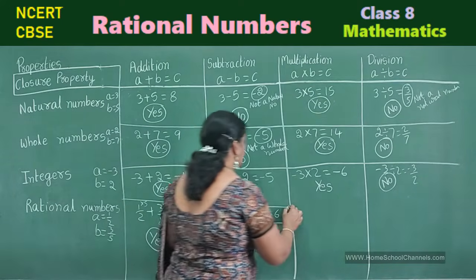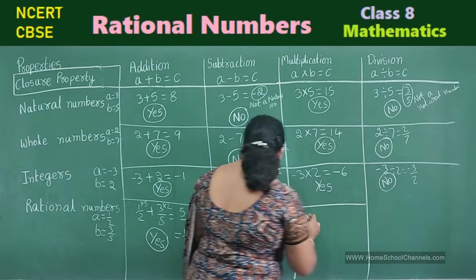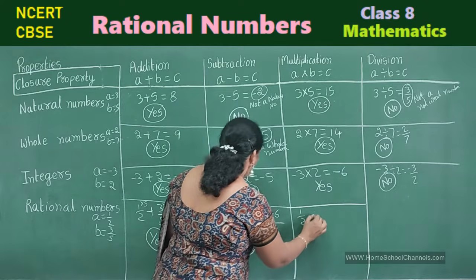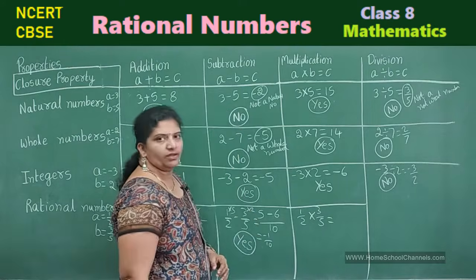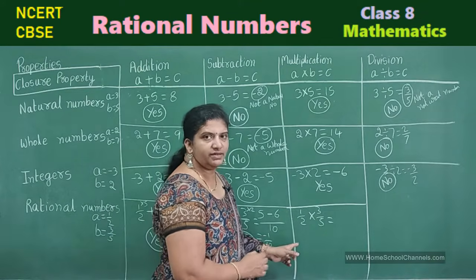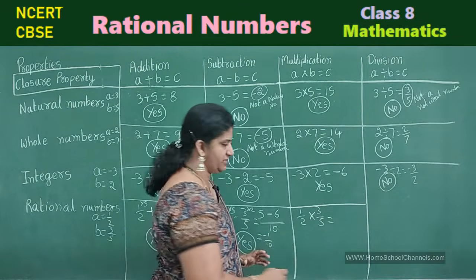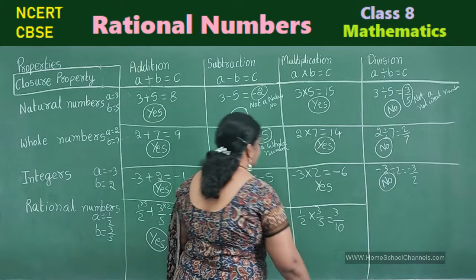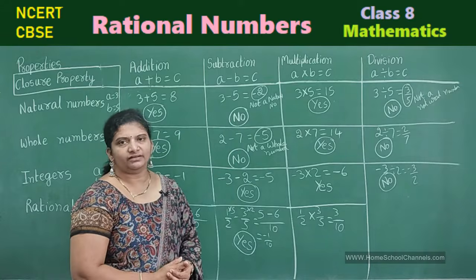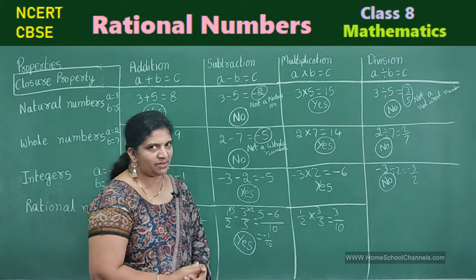Next, multiplication. Write the A value and B value. 1 by 2 into 3 by 5 is equal to. Multiply numerators by multiply denominators. 1 into 3, 3. 2 5s are 10. 3 by 10. Again it is a rational number.